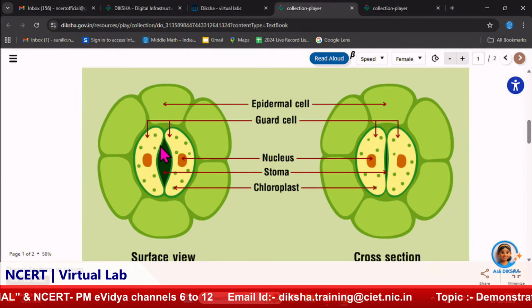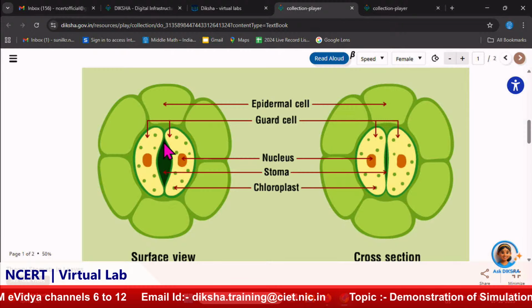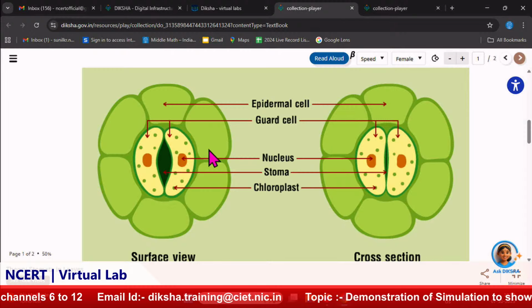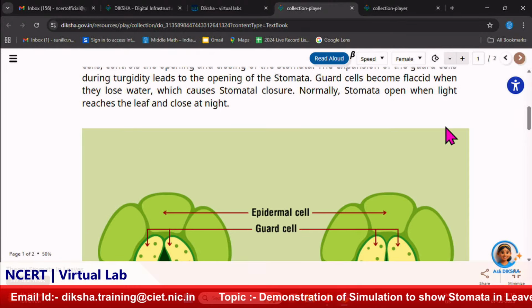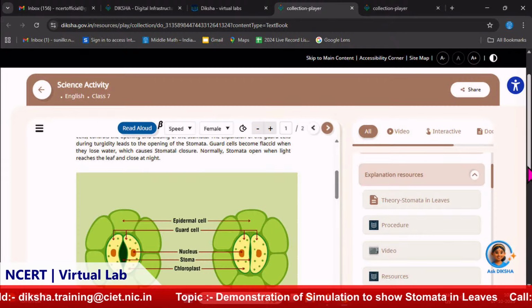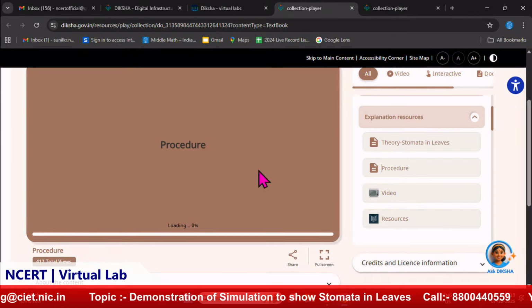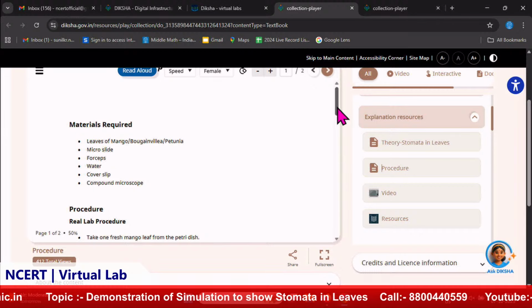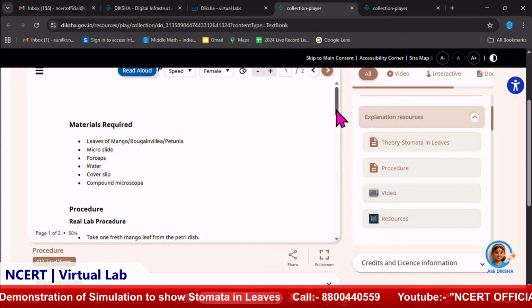The cell wall is thick and flexible in nature, so it is helpful in the opening and closing of the stomata. So this is basically regarding the structure of stomata. Then the student can also go through the procedure. In the procedure, the materials required to perform this particular experiment are mentioned over here.